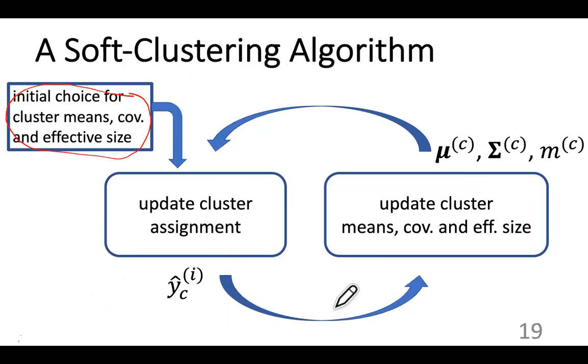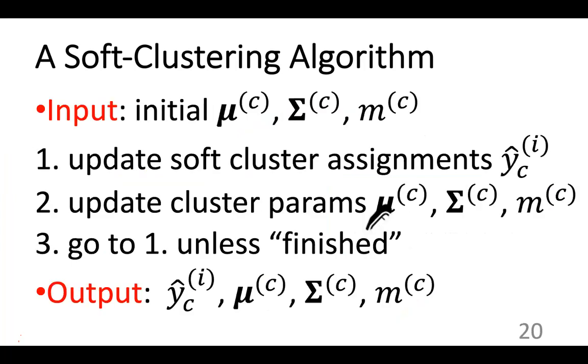So we have again this iterative structure. We update the cluster assignments or degrees of belonging for given cluster means and covariance matrix, and then we use this to update the cluster means and covariance matrices. And we iterate those two updates until some convergence criterion is met.